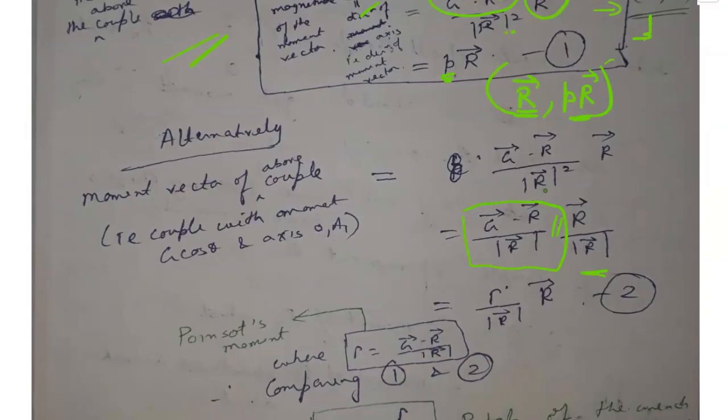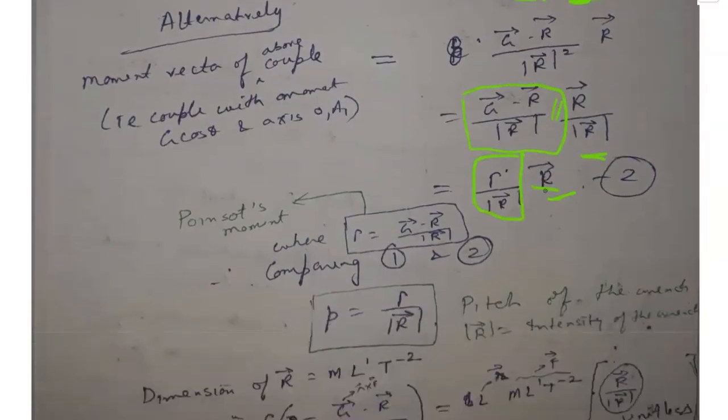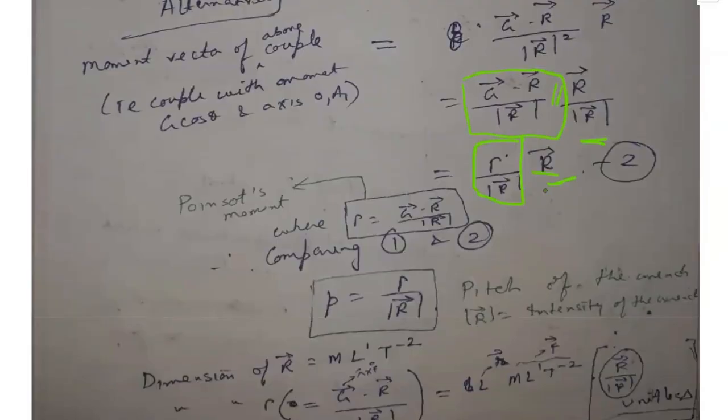So this is gamma by mod R times, this is actually the magnitude, and this remains the vector. Let me rub it out. This remains the vector. Okay. So this gamma here, G dot R by mod R, is said to be the Poinsot's moment. So if you compare the pitch of the range with the Poinsot moment, you get P equal to gamma by mod R.